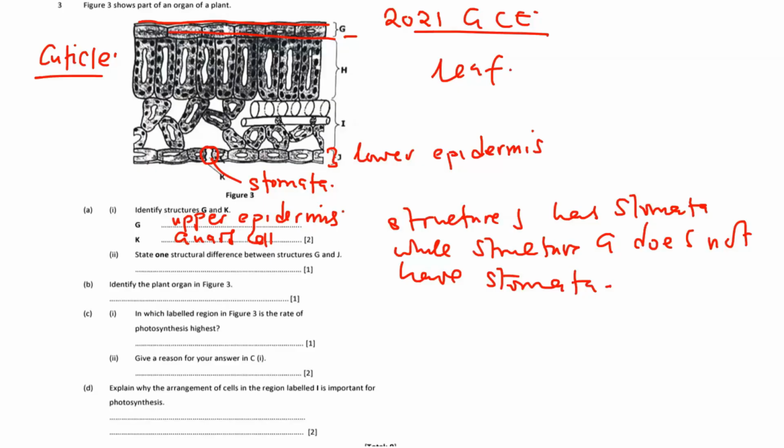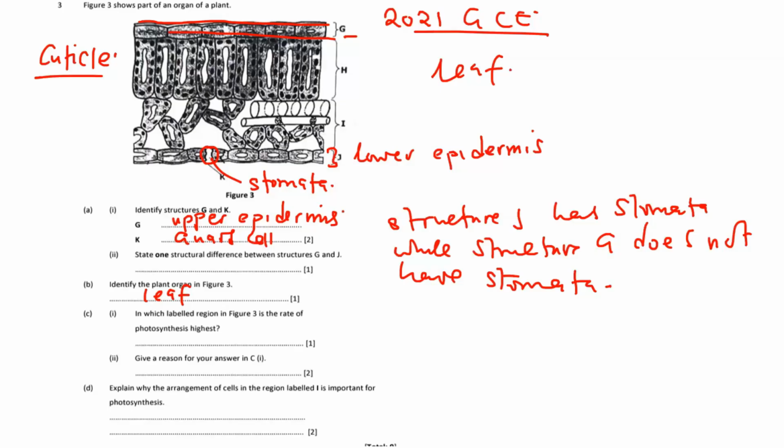Let us look at now, identify the plant organ in figure 3. So we're answering question B. We've already identified it. This is the leaf. So the plant organ is the leaf.